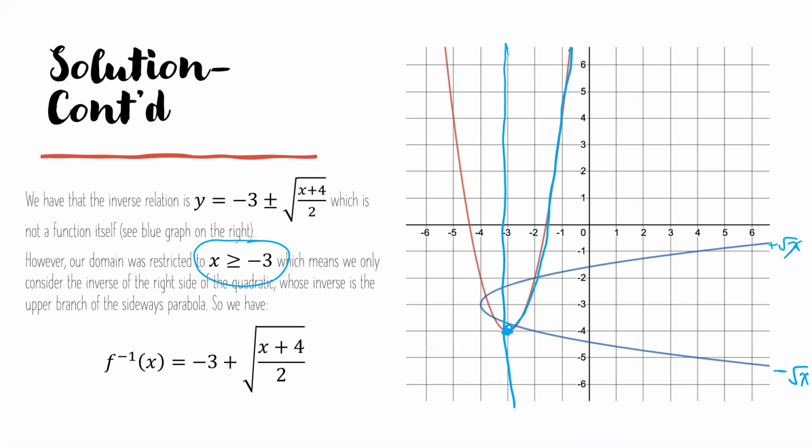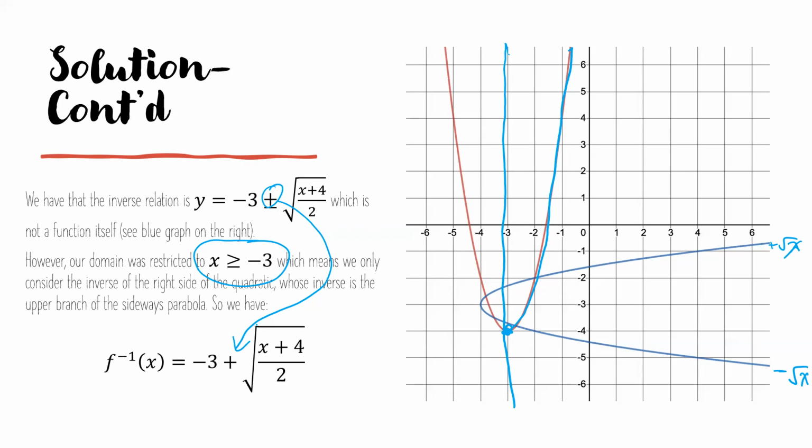So that means that f inverse is going to be simply negative 3 plus the square root of x plus 4 over 2. So if I just focus on the right of the parabola, then I know that its inverse will simply be the positive square root there.